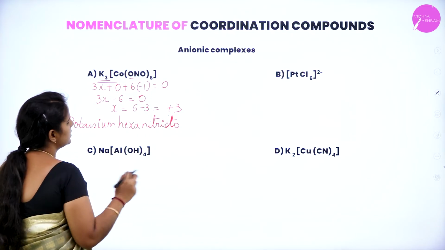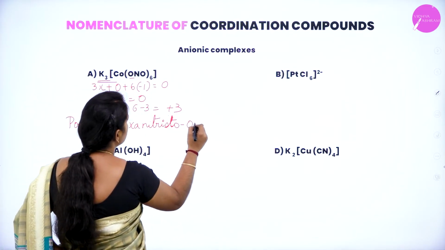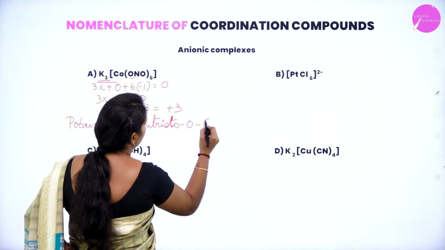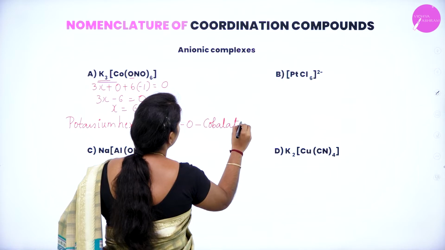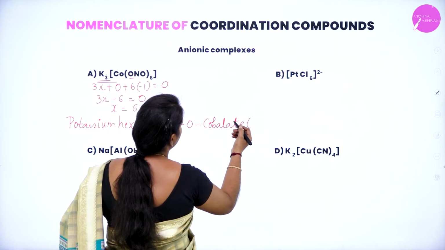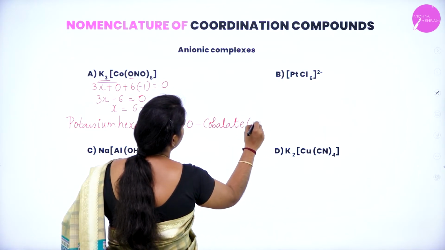You can see that oxygen is the ligating atom.